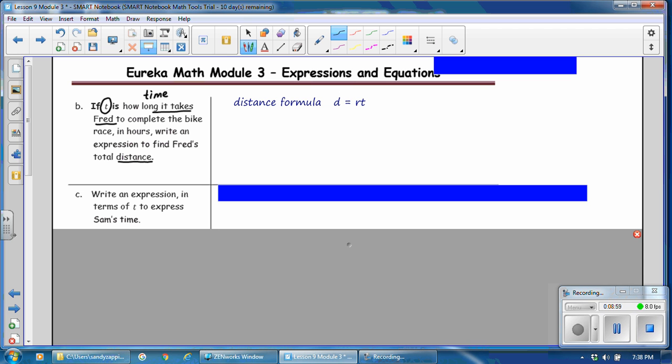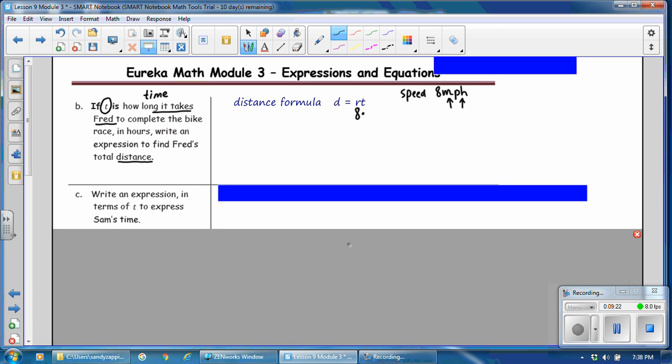We know that Fred's speed is 8 miles per hour. And another name for speed is rate, because you're comparing his miles and his hours. And that's a unit rate. So we have 8 for the rate. And then it says T, how long it takes. Well, we don't know how long it takes.